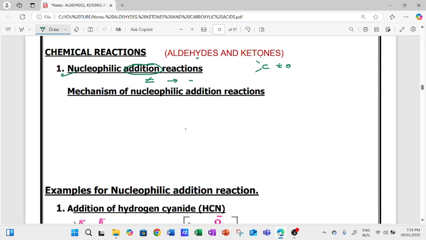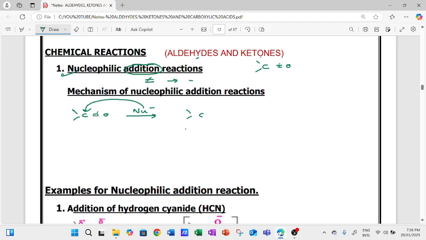Let's see the mechanism of nucleophilic addition reaction. In that, you see C double bond O, which is the carbonyl group present in both aldehydes and ketones. In the first step, a nucleophile will be added so that the double bond breaks. The nucleophile will come perpendicular to the plane, so it attacks the carbon atom perpendicularly.